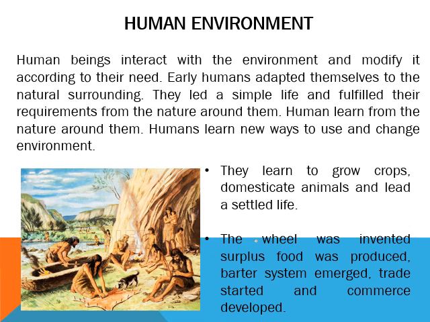Humans learned new ways to use and change environment. They learned to grow crops, domesticate animals and lead a settled life. The wheel was invented, surplus food was produced, barter system emerged, trade started and commerce developed.